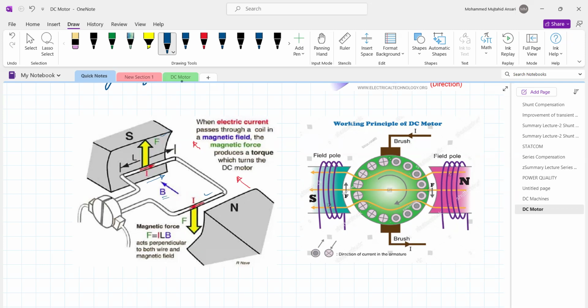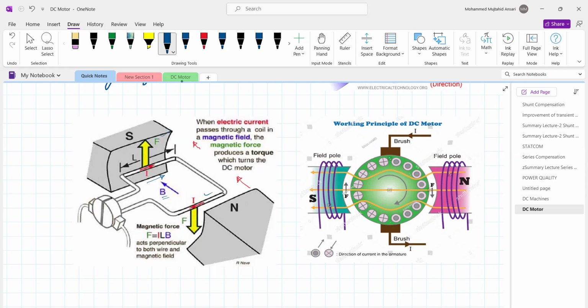Now if you apply Fleming's left hand rule in the same way, the thumb shows the direction of force, it is downward. So in the same coil, the first conductor experiences force upward, whereas the other half of the coil produces the force in the downward direction.